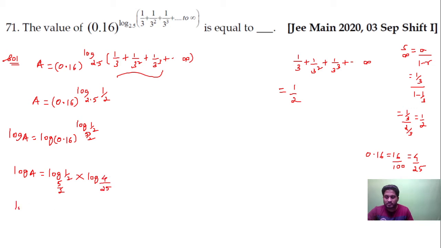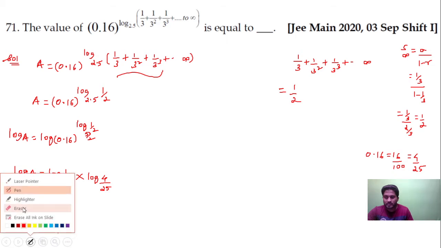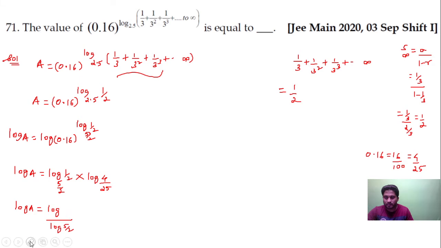I further write this as log n to the base a is log n by log a. So this is log 1 by 2 divided by log 5 by 2, into log of 4 by 25, which can be written as 2 by 5 the whole square.